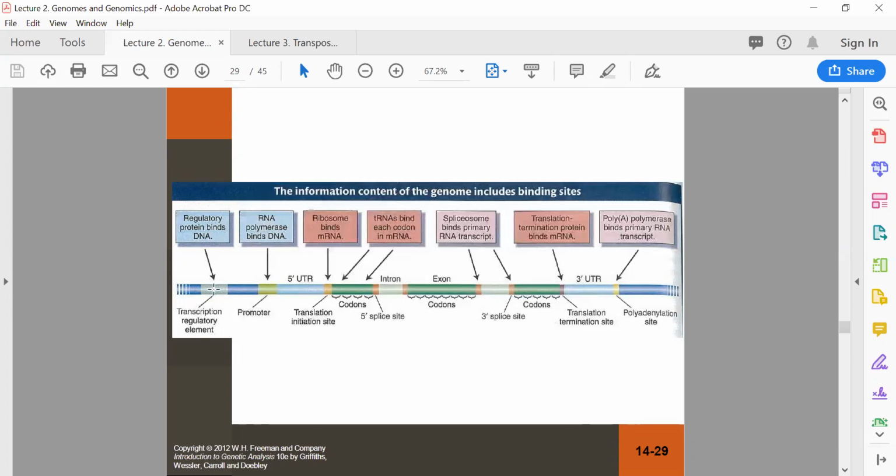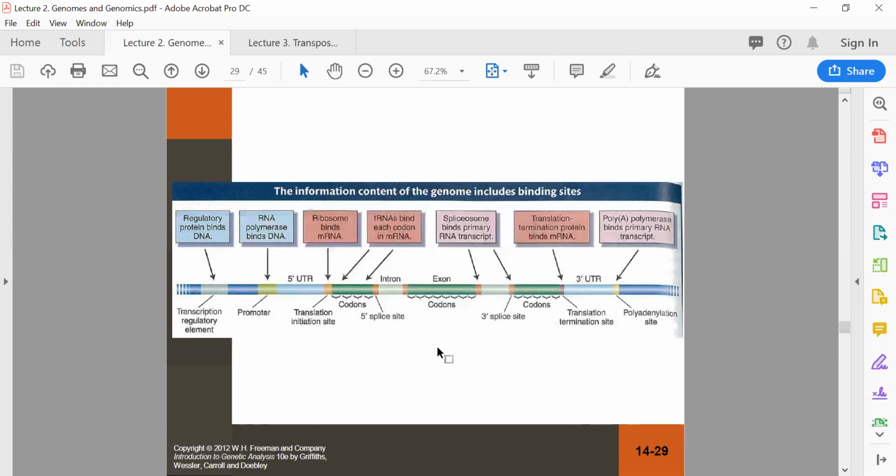And then what about all these regulatory elements? There are lots of regulatory elements, and these could be very close to the promoter region. They could be really far away from the promoter region. So you can see already in just within this one gene and around this one gene, there's lots of information content right there.